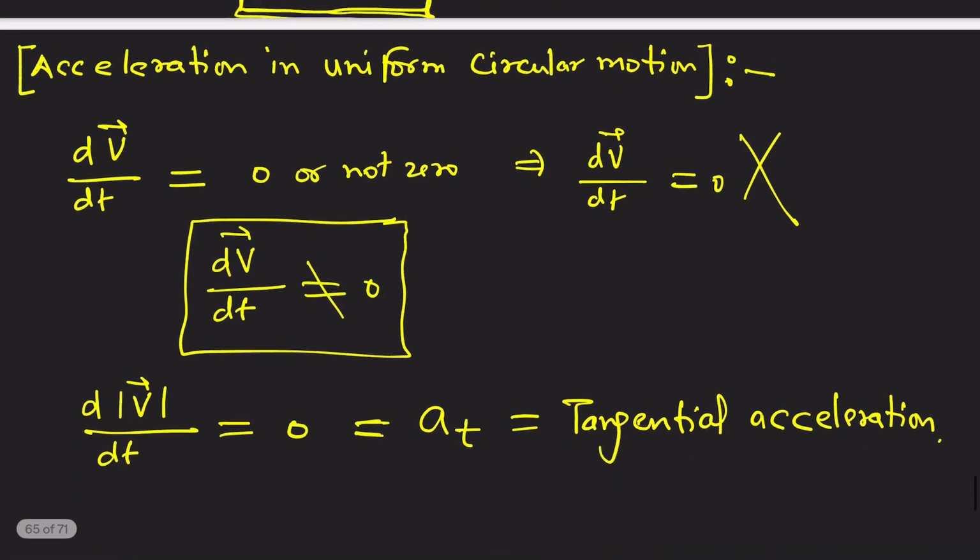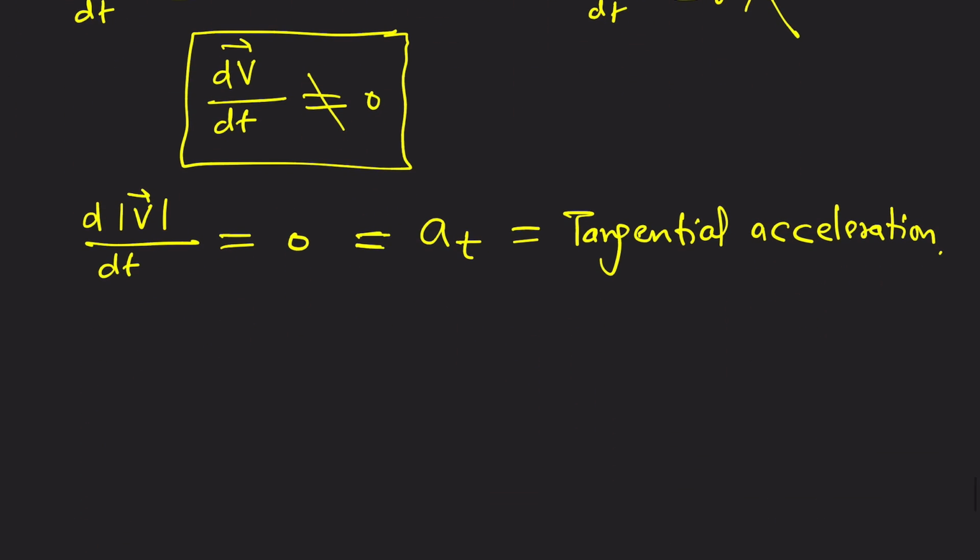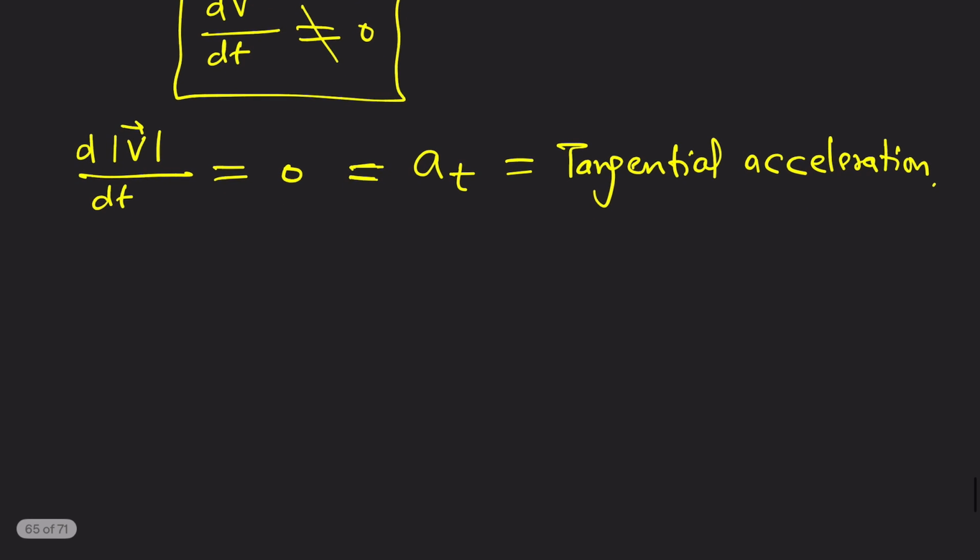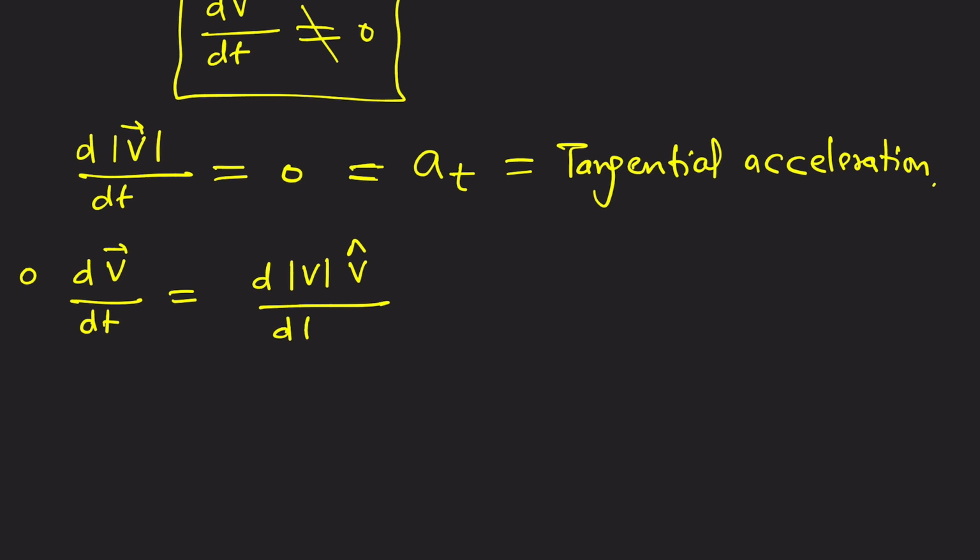Now you may ask, then sir, what is the meaning of dv/dt? Let me discuss this. I am going to derive dv/dt here, and it is going to be very interesting. dv/dt can be written as d of |v| times v cap divided by dt.